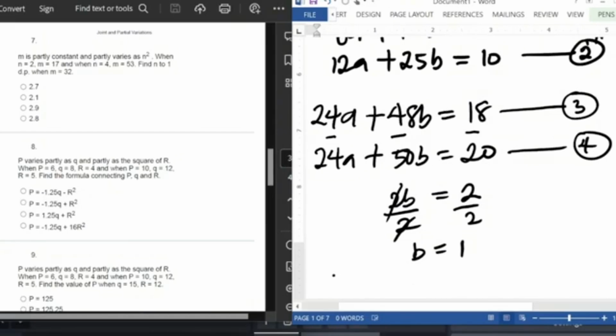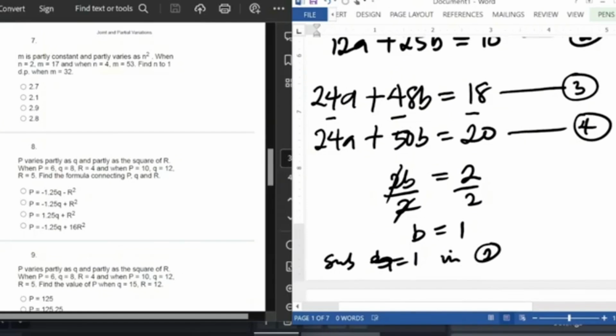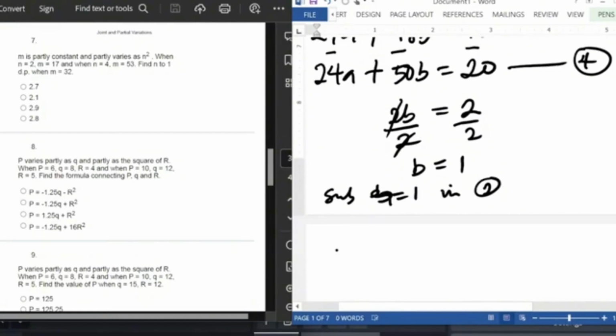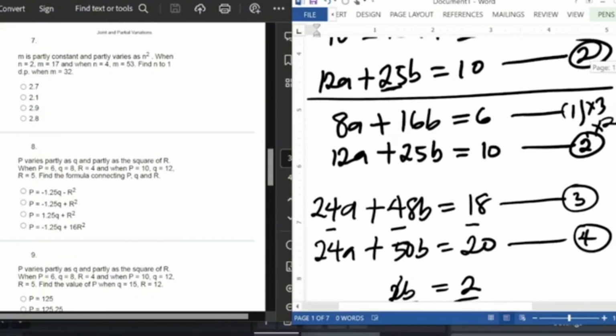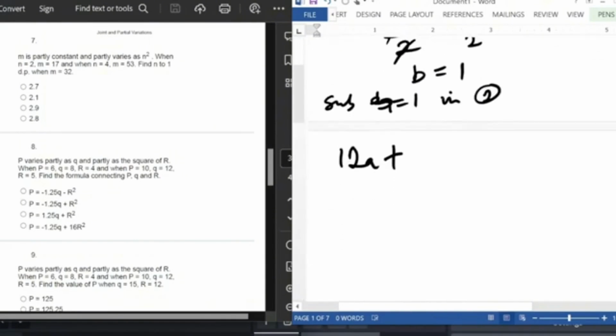Let's substitute b equals 1 in equation 2. In equation 2 we have 12a plus 25b equals 10. Wherever we see b, we put 1.